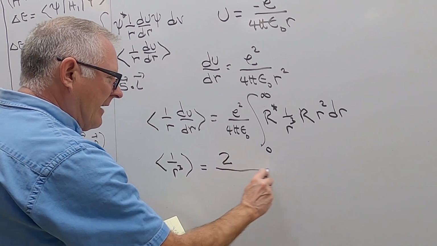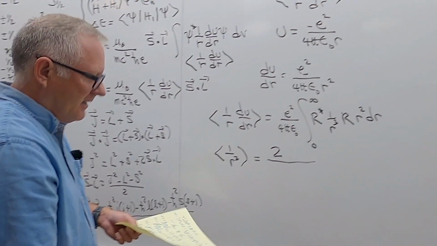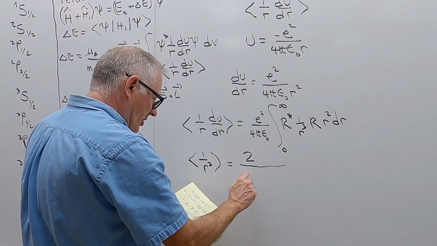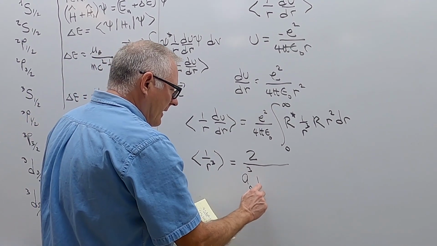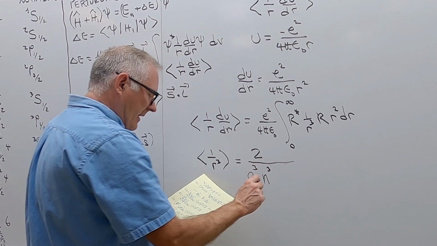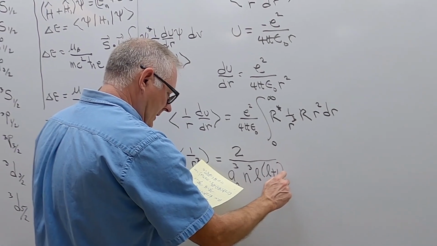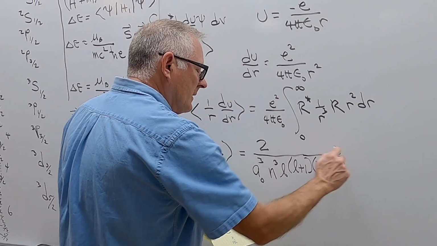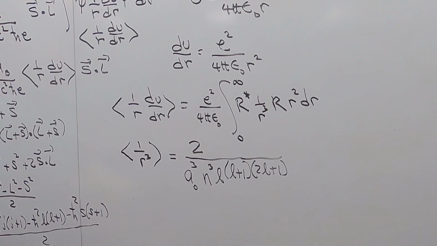I'm not going to work it out here, because we'd have to do it for all the states and see how it depends on n and l. We've got to have a length down there, that was the Bohr radius: n cubed times l times l plus 1 times 2l plus 1. So that's what we'd get if we plugged in right here.